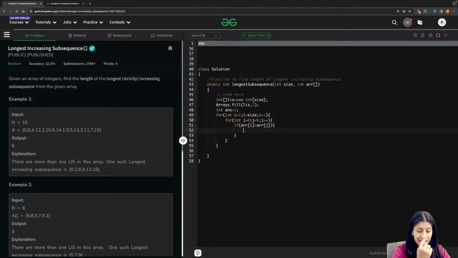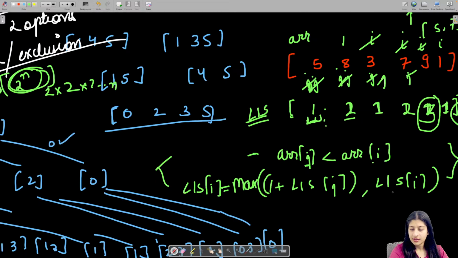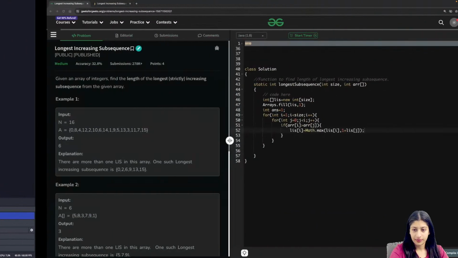But is it the greatest one? That I'll check from lis. I'll update lis of I with Math.max of what is currently present there and compare it with 1 plus lis of j. That's what we wrote, 1 plus lis of j, compared with lis of I.